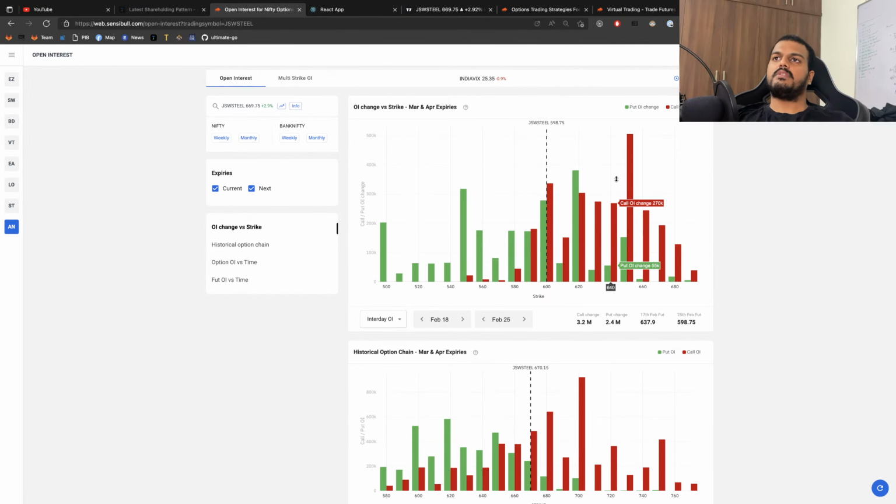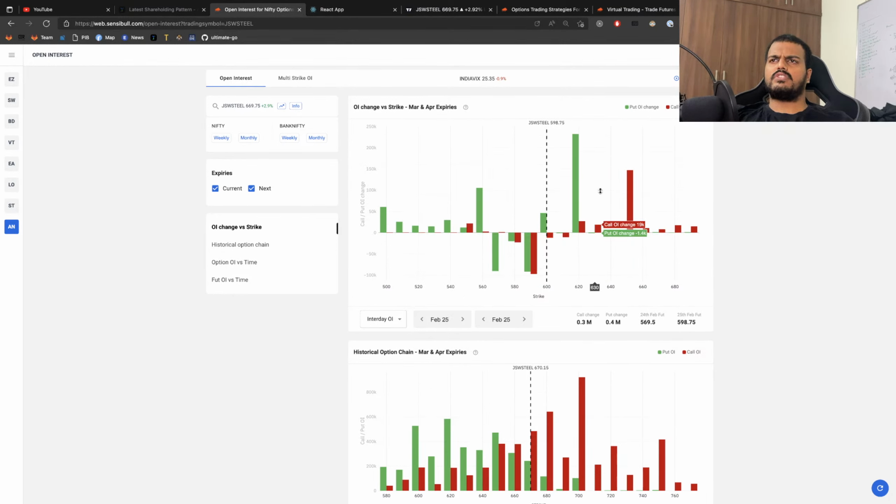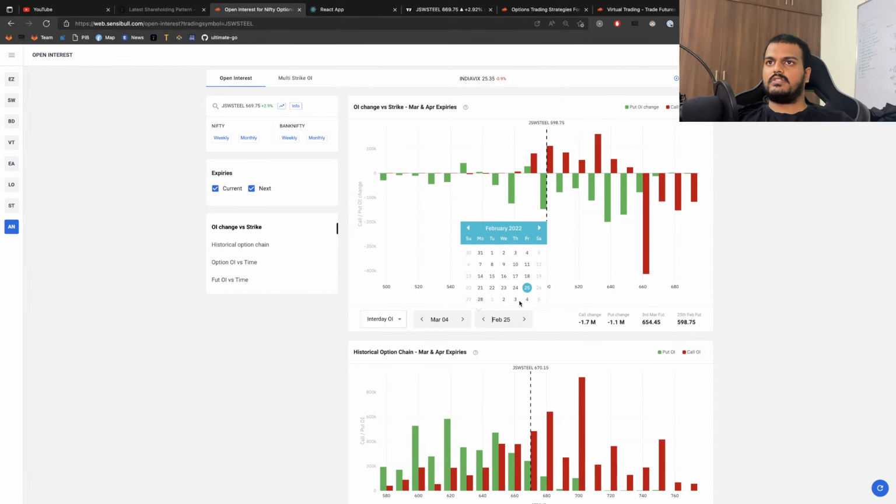But ultimately the point we are trying to look at here is the theta decay might have got them the money which existed. I was having 670 put which I sold for a decent loss, but ultimately the point is what is happening this week.